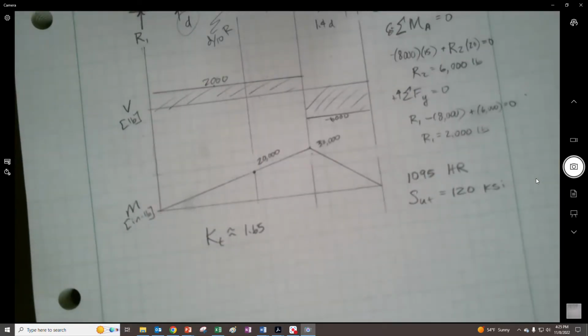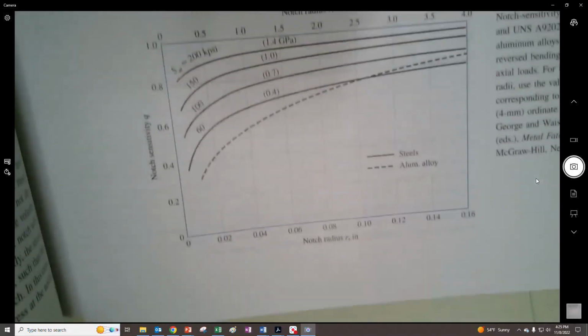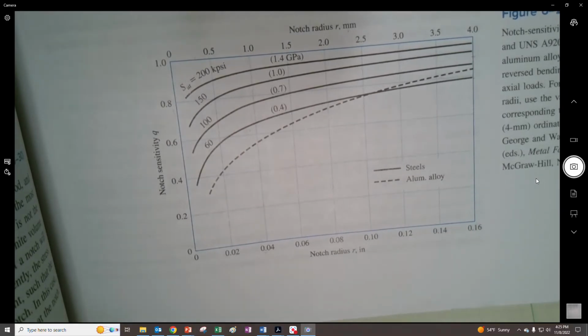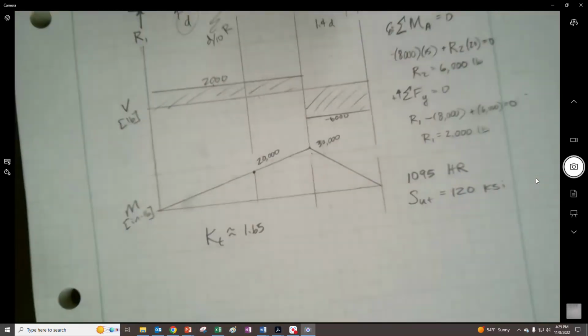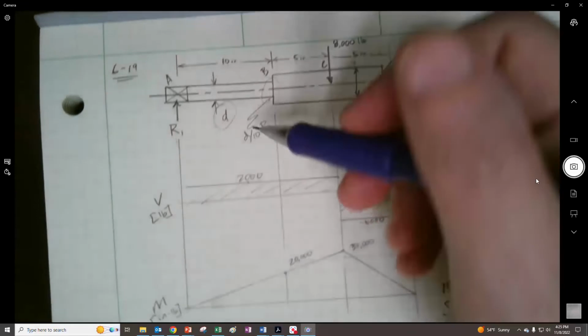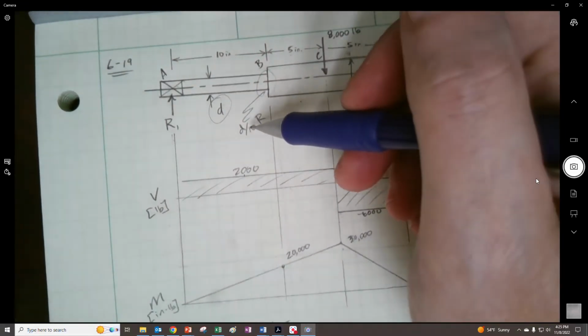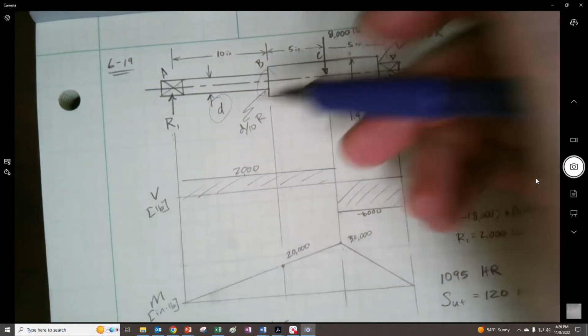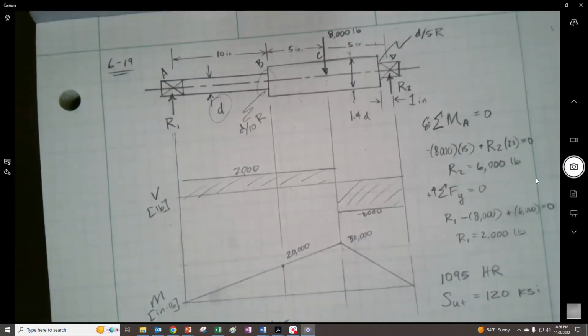All right. So let's make a quick guess of the diameter and the fillet radius. I'm going to guess the diameter is going to be somewhere in the range of maybe 2 to 3 inches. So the actual fillet radius, if it was 2 inches, would be 0.2.